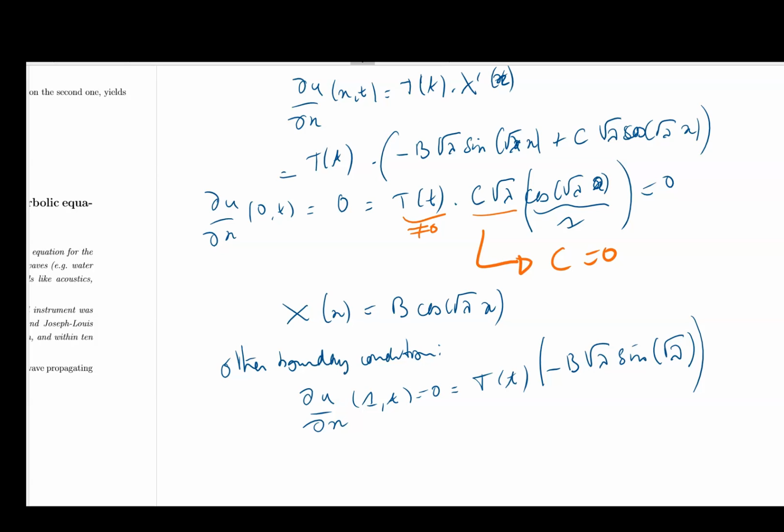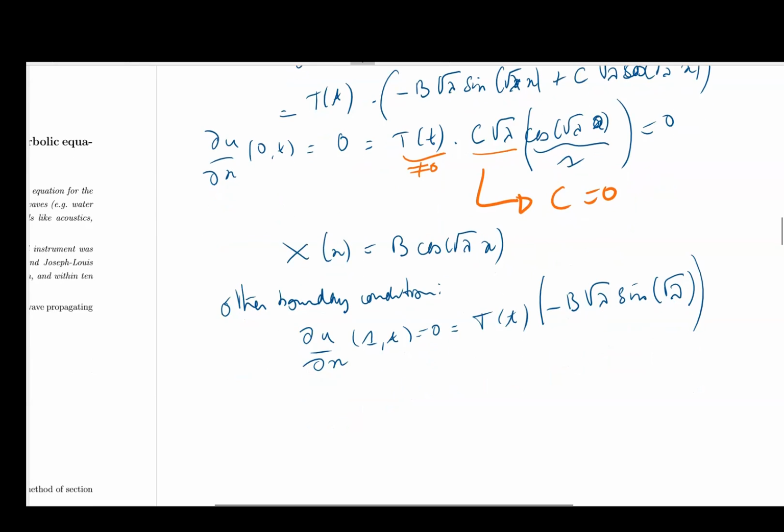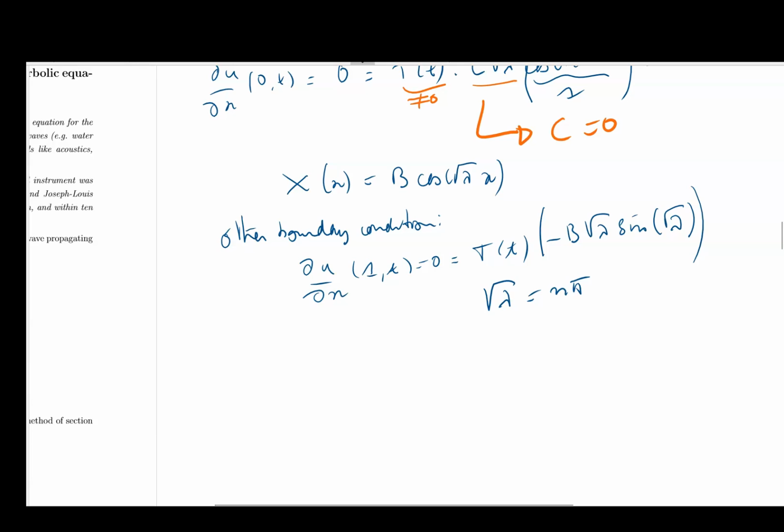So that's not satisfying, so we should find another way to cancel that for every value of t, and so my choice is to take square root of lambda equal to n times pi, so that the sine is canceling. Right, so that's it. What do I get now for my solution?